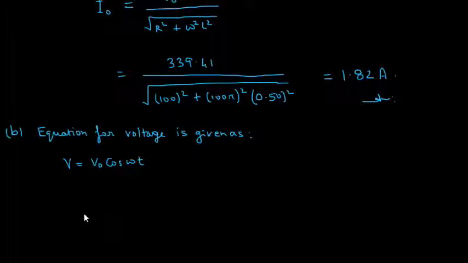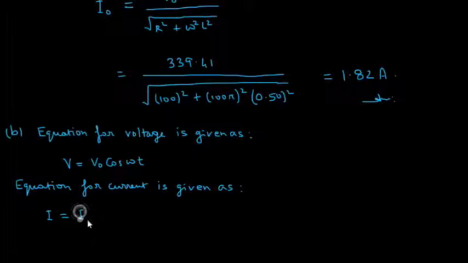Equation for the current is given as I is equal to I naught cos omega t minus phi. Again this formula you have to remember.